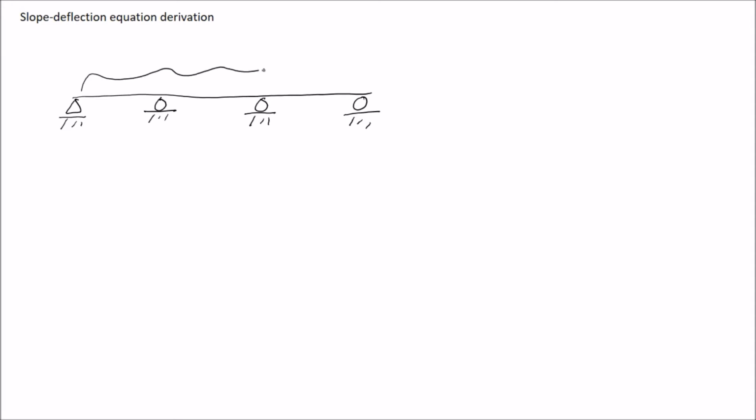So say we have a continuous beam. Okay, the continuous beam means that it could be very long. So say we have a beam that is few spans long, and then you have some arbitrary load. It can be of any type of loading.